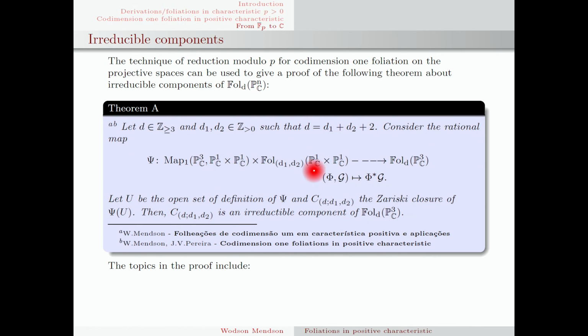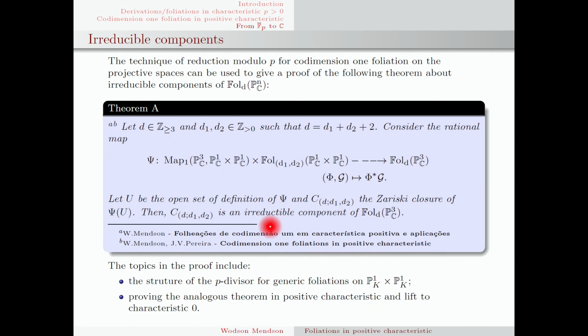And here denotes the space of foliations on P1 times P1 that has canonical divisor of degree D1, D2. You take the pullback, and you get a foliation here in P3 of degree D that is given by this. And this map defines the irreducible components of the space here. The topics in the proof include the structure of the p-divisor for generic foliations on P1 times P1, proving the analogous theorem in characteristic p, and lifting it to characteristic 0.